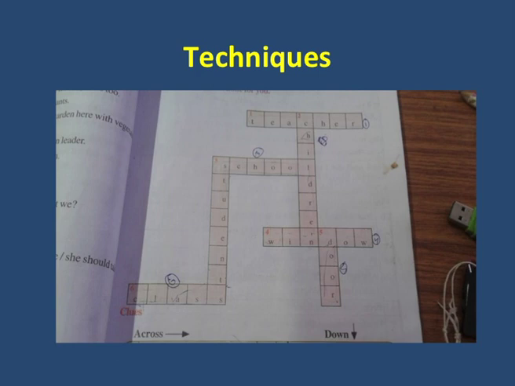These are specially designed crosswords exclusively for a particular age and particular class. So, a teacher needs to put a lot of effort in making the vocabulary very well memorized or remembered by the students.